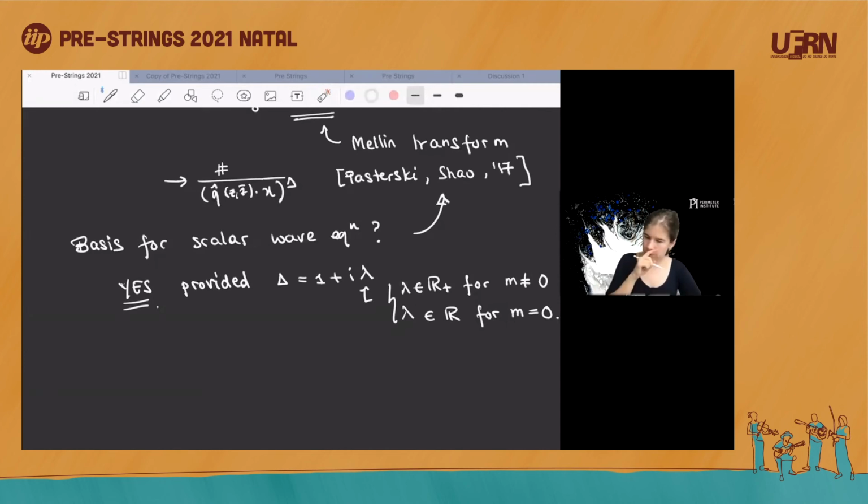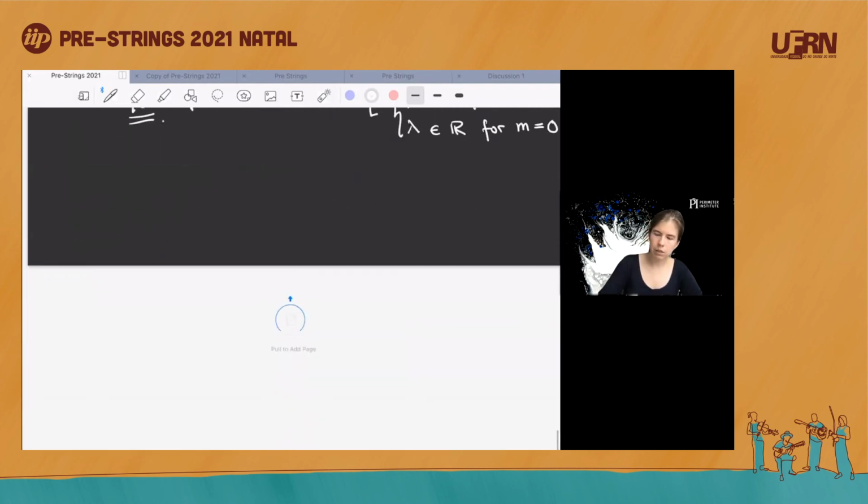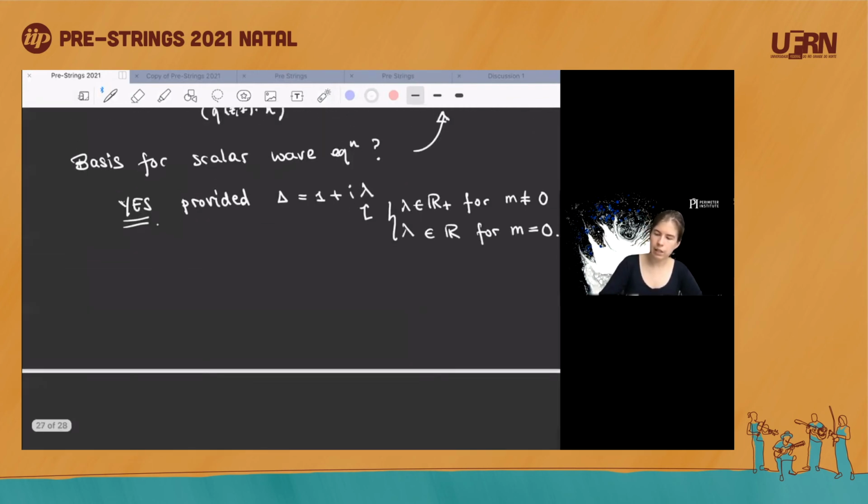Okay, so this is, I think, more or less the complete story of the scalar case, both massive and massless. I should say that one can also construct conformal primary solutions for spinning particles, but one has to keep track of all of these spin indices. One can run the analysis for that case.